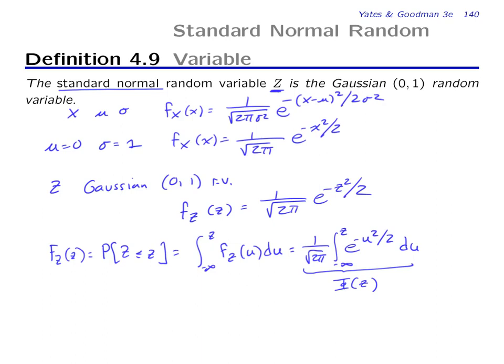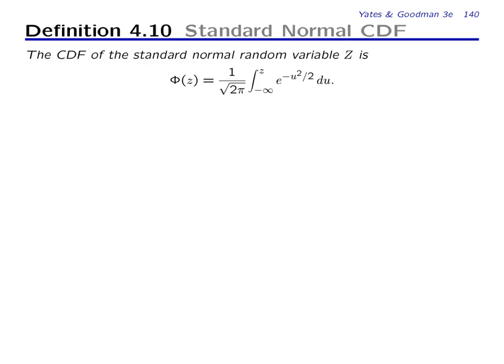But in fact, we'll be able to represent all the other Gaussian CDFs in terms of this phi function. So just to repeat, this integral phi of z is the CDF of the standard normal mean 0 variance 1 Gaussian random variable.